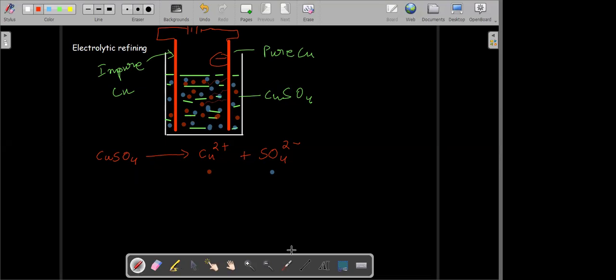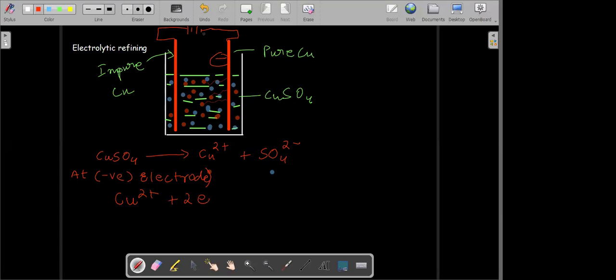Now what do they do at the negative electrode? Let us see what happens at the negative electrode. At the negative electrode, the Cu2+ ions gain 2 electrons.